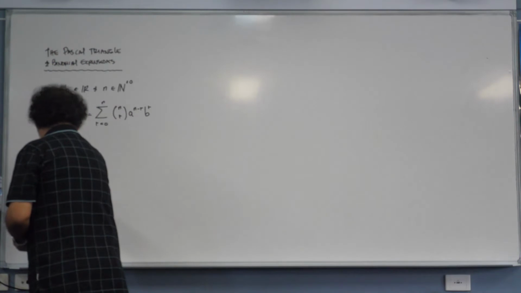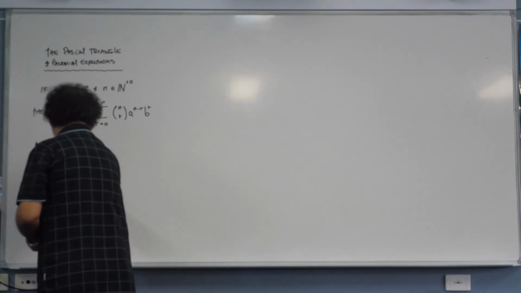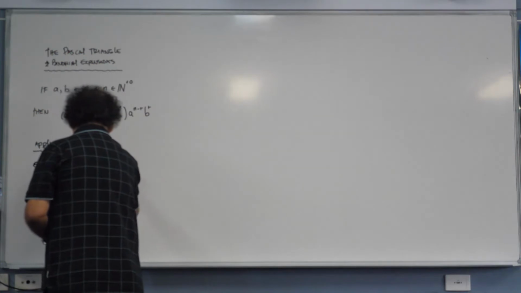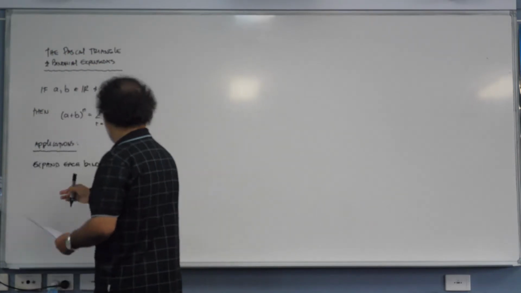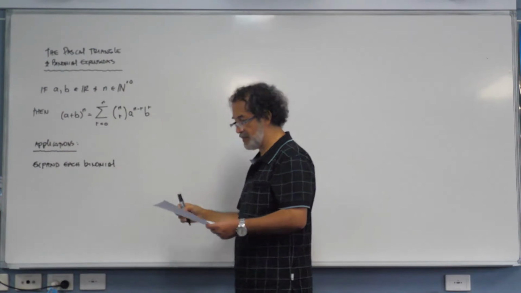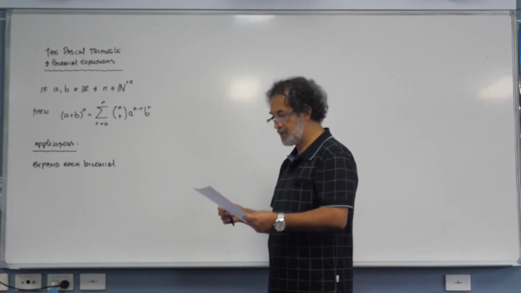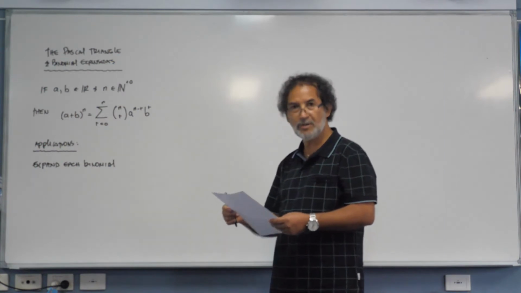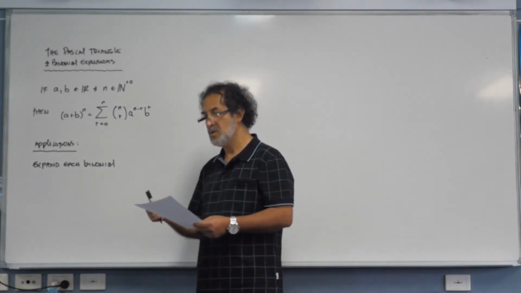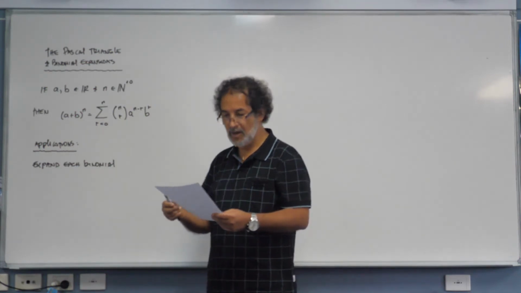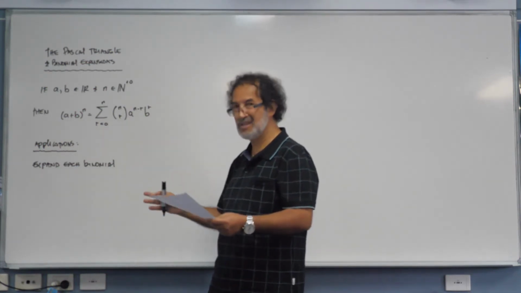Application: expand each binomial. Now that we know the formula, we can do expansion with big powers. We know how to do p plus q in brackets squared, and yesterday we went through the easy question.